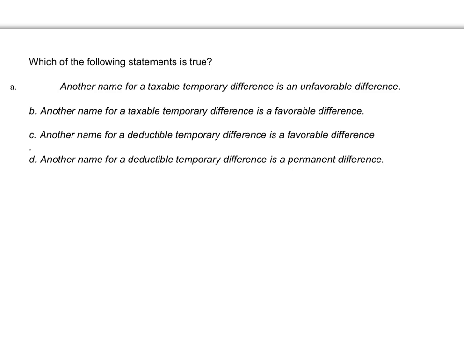Another name for a taxable temporary difference is a favorable difference. Another name for a deductible temporary difference is a favorable difference. And another name for a deductible temporary difference is a permanent difference. So let's think about what a favorable temporary difference does.